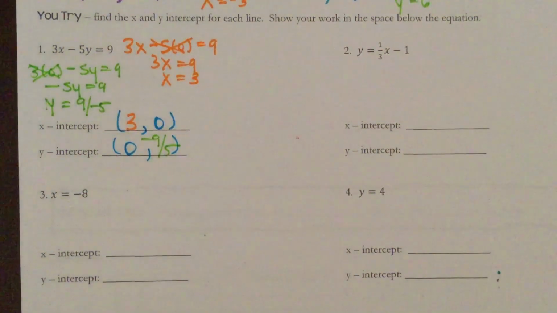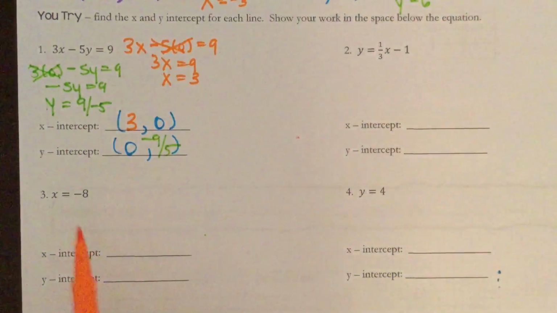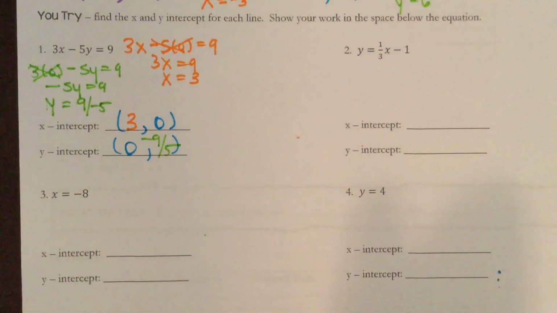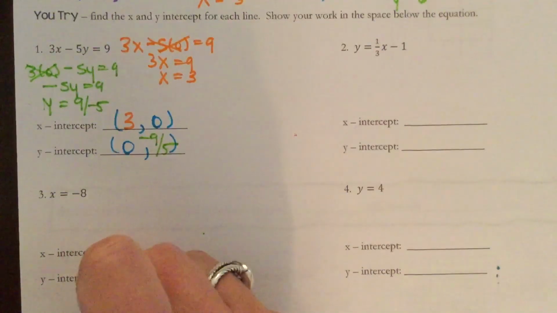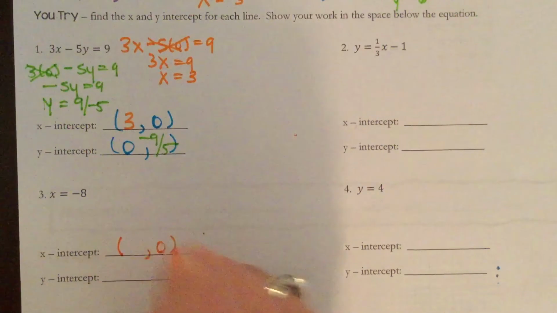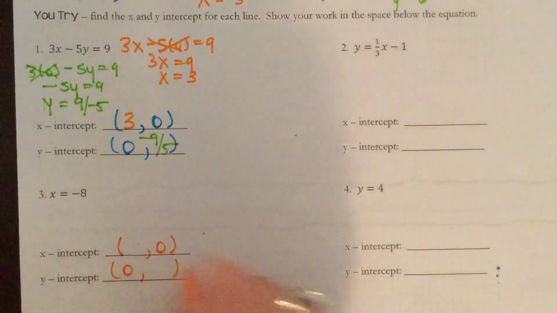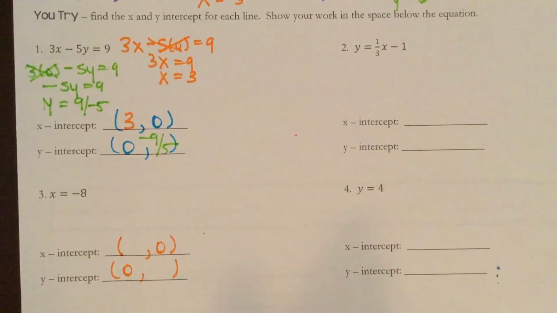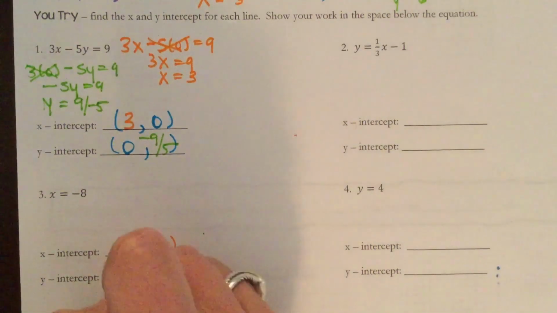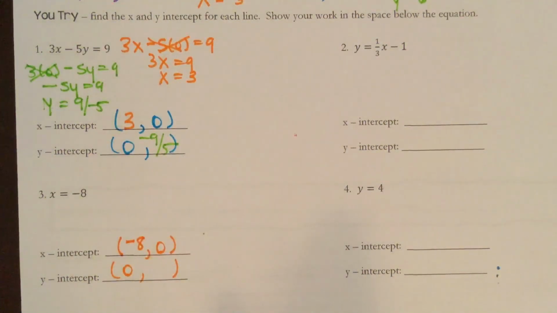One final example. Let's look at our x-intercept when x equals negative 8. Remember, to find an x-intercept, we're going to let our y, or our other guy, be 0. To find our y-intercept, we're going to let our x value be 0. Okay. So there is no y in this equation to plug that 0 into, and so my equation simply says that x is going to be negative 8.